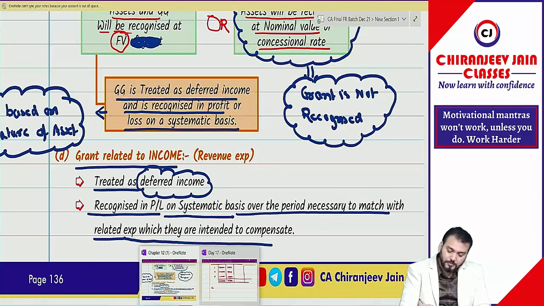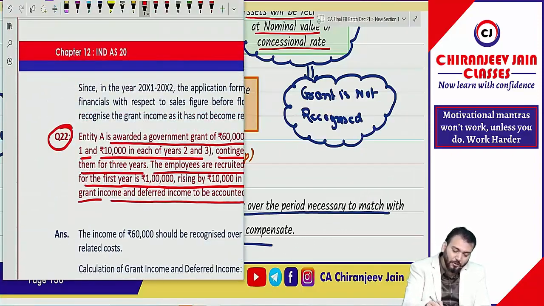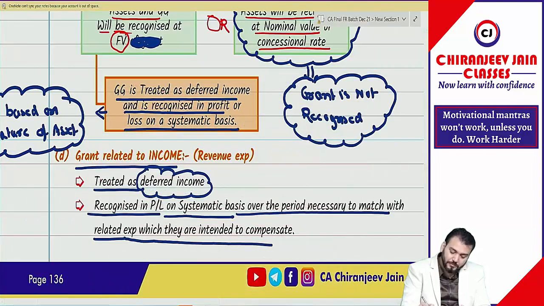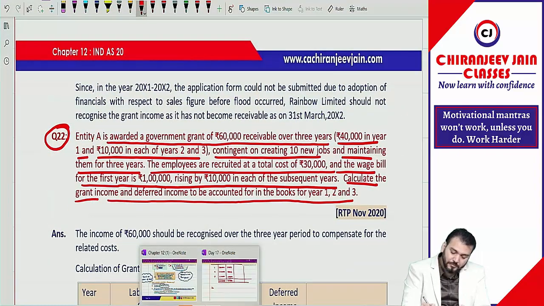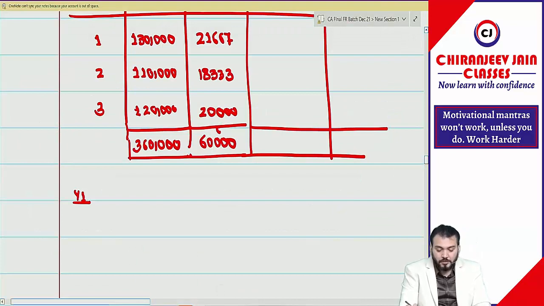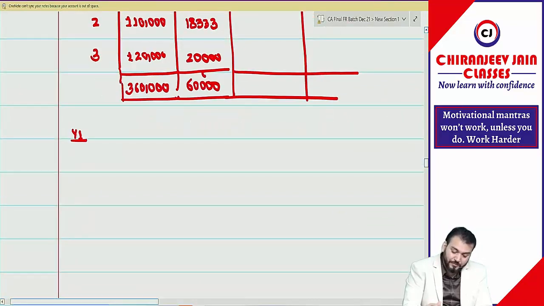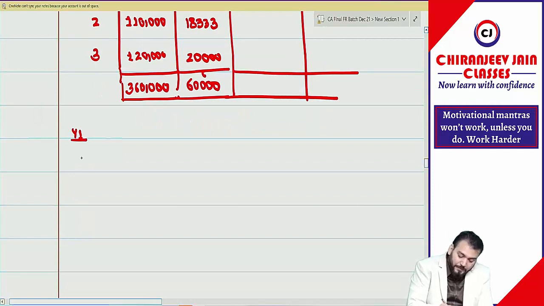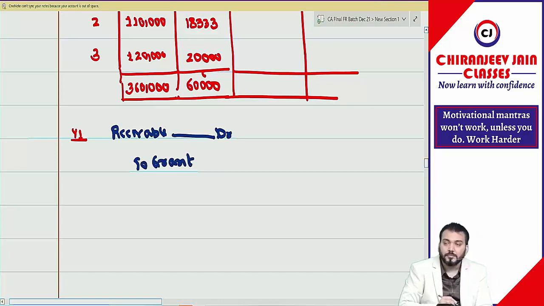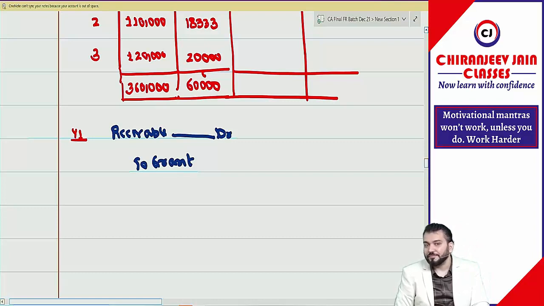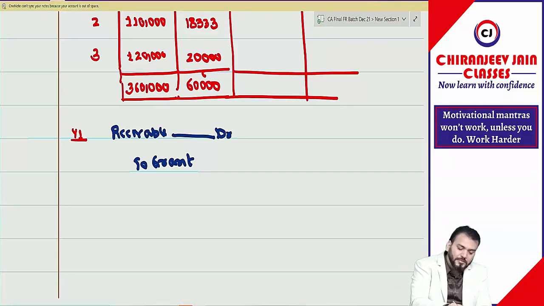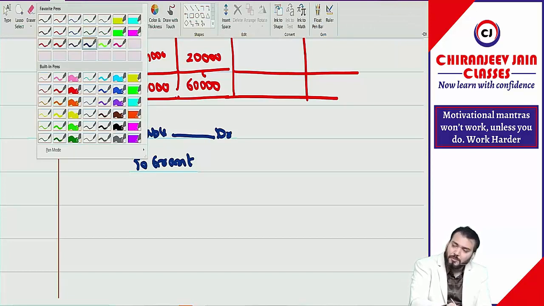Now, just try to understand. What is the doubt? What will be the journal entry in year 1? This is the doubt. The journal entry will be grant receivable account debit to grant, then it will be received. 40,000 will be received.